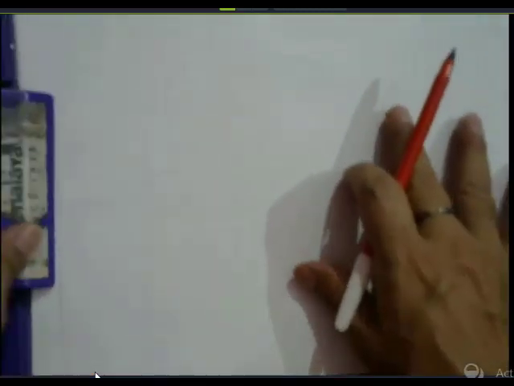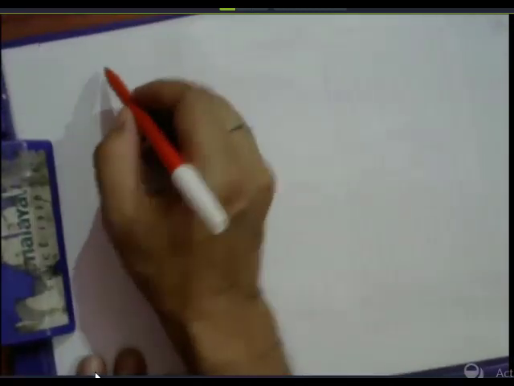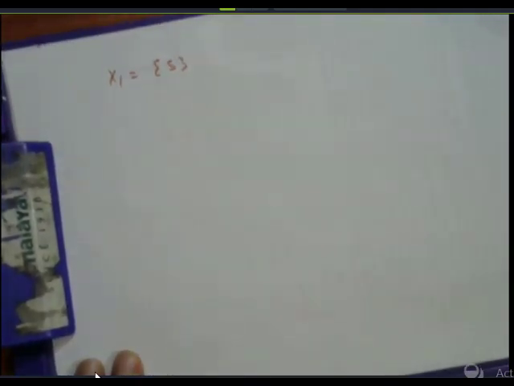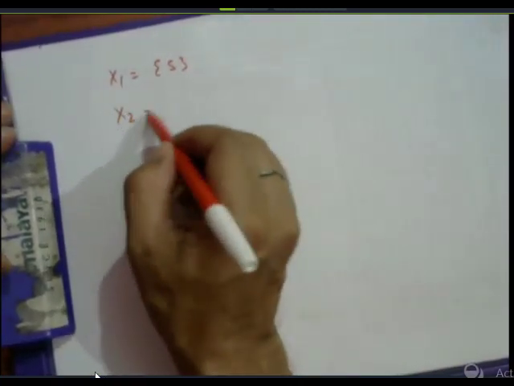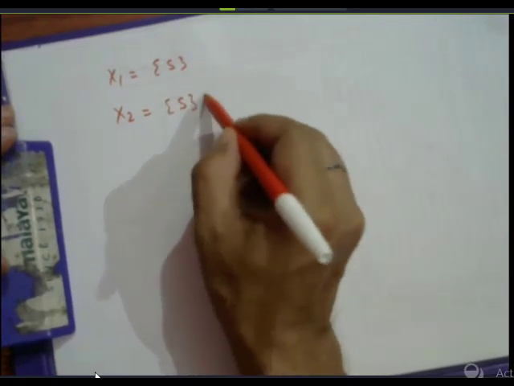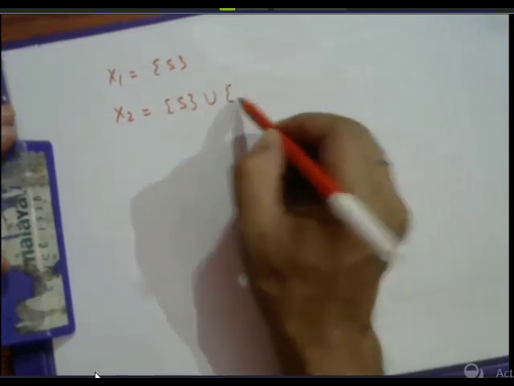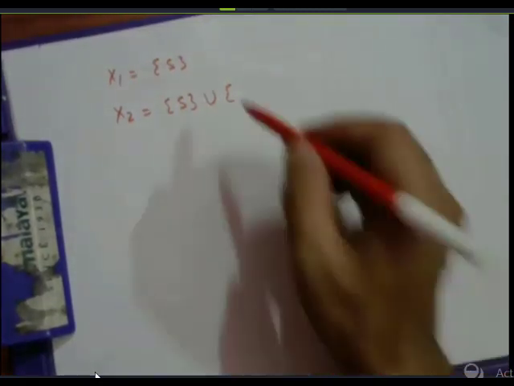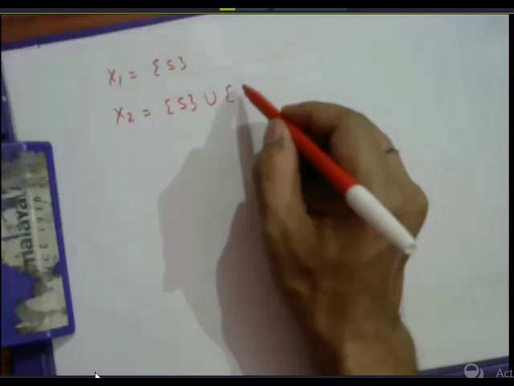Now the value of x1 is equal to S. Then the value of x2 is equal to S union the value of other variables, that may be some A or some A and A, because we are getting some values.